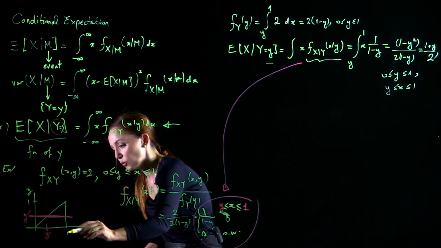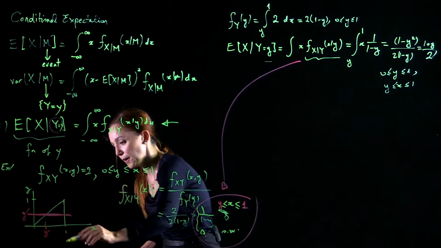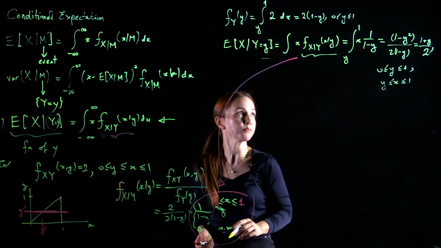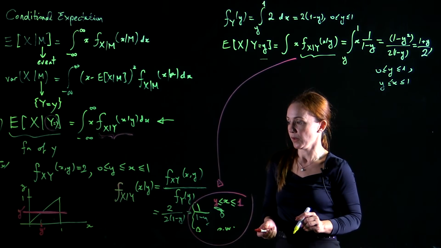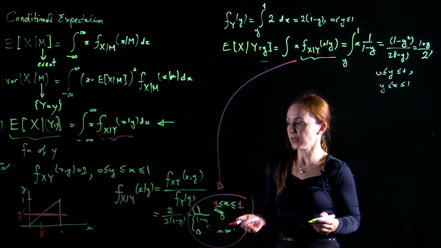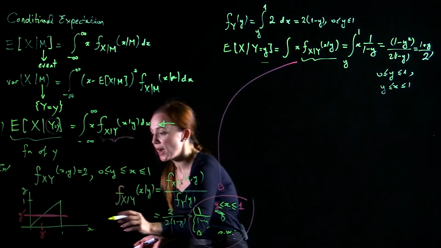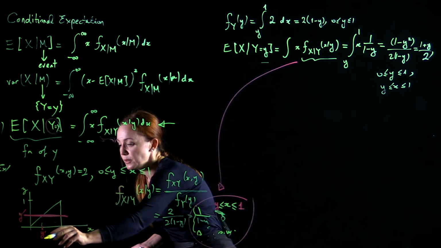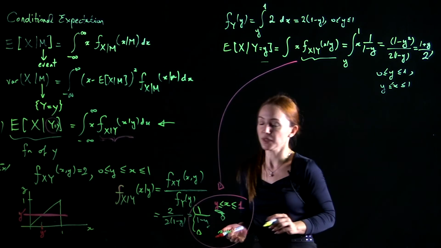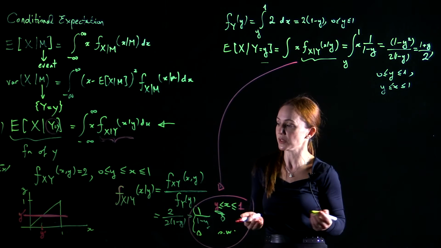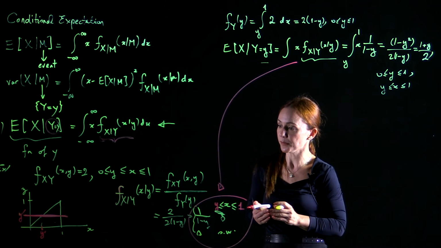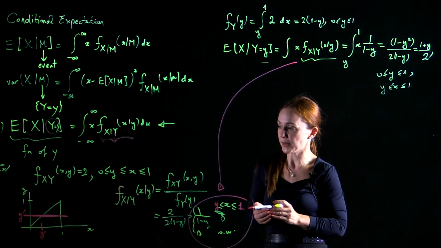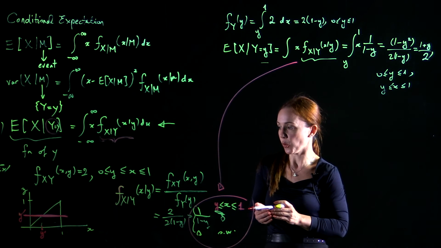It's between y and 1, and the conditional expectation is y plus 1 over 2. It says basically if we know that x is between these two values, it is uniformly distributed between these values, and the expectation is just the midpoint.